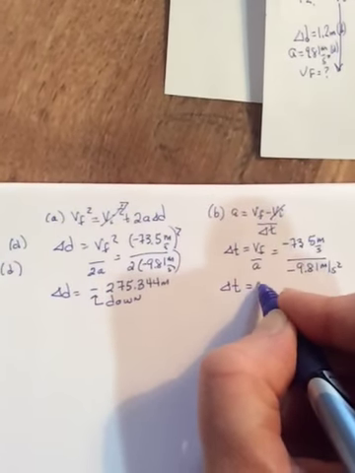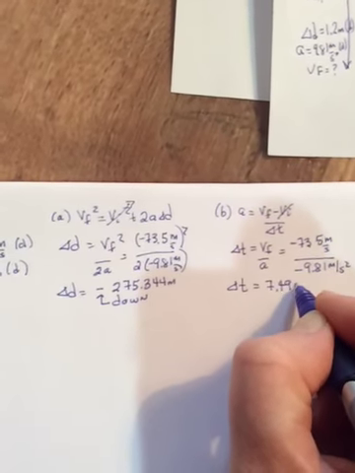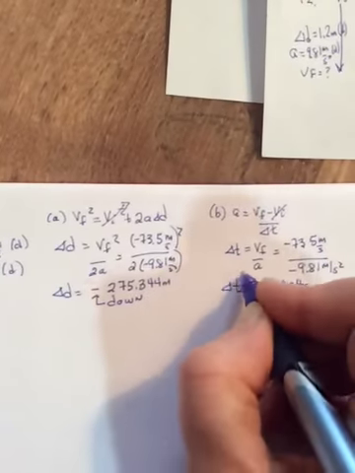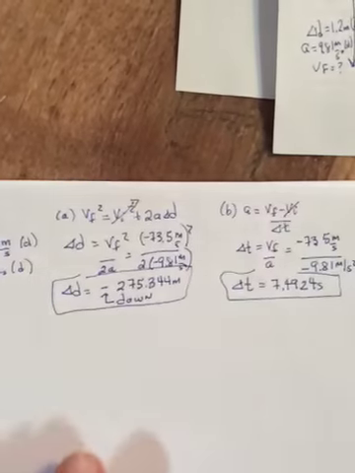And you get a delta T of 7.4924 seconds. Works out to be positive, which is a good thing since it's time.